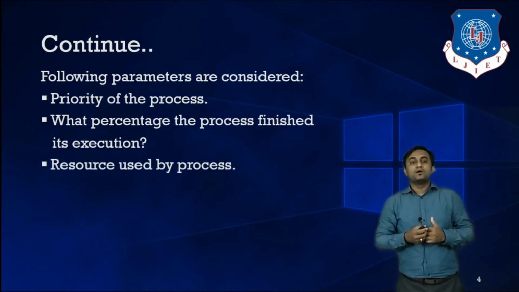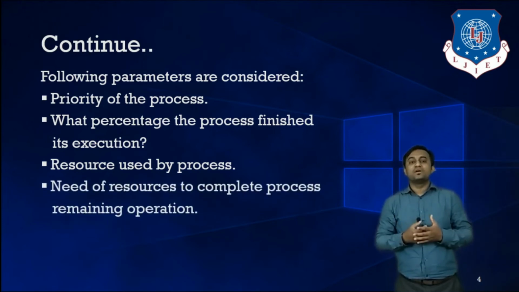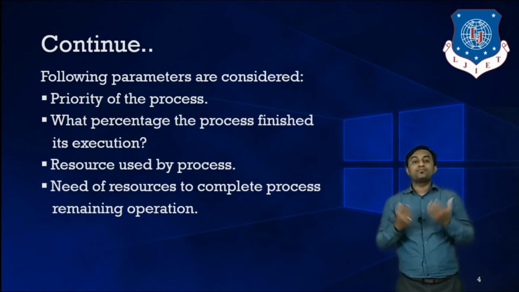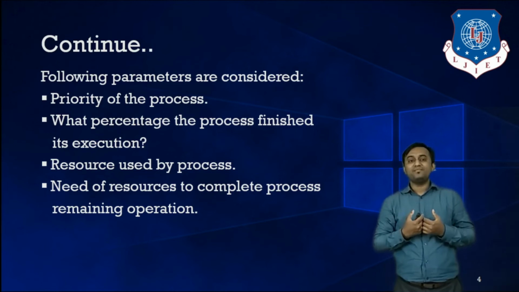Third is the resources used by a process. Which type of resources, and how many resources are used by the process, is again an important parameter, as is the need of resources to complete the remaining operations of the process.